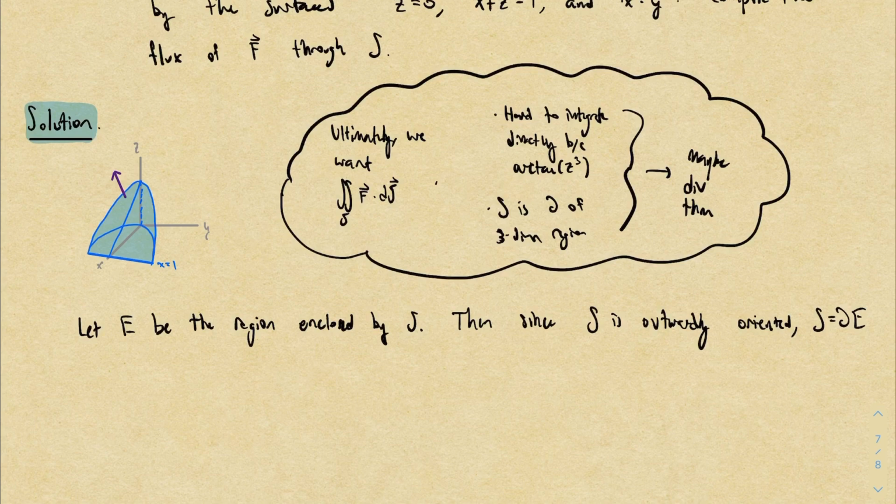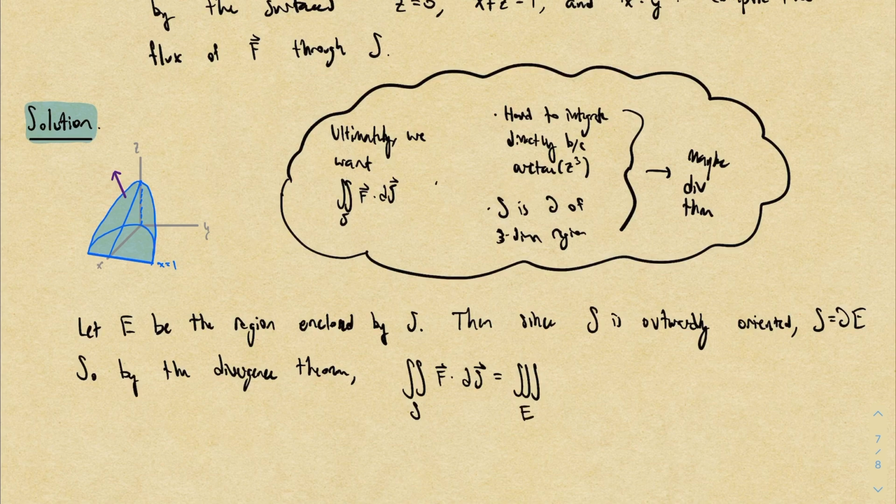So I'll do that. By the divergence theorem, the surface integral of F over S, this is the thing we ultimately care about. Well, S is the boundary of E, so by the divergence theorem, this is equal to the triple integral over E of the divergence of F. And the idea here is that maybe this triple integral is going to be easier to compute.